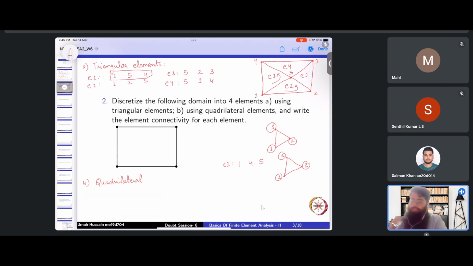So yes, you're right. This actually reflects how we are giving the local node numbers. Is it clear? Okay, sir.